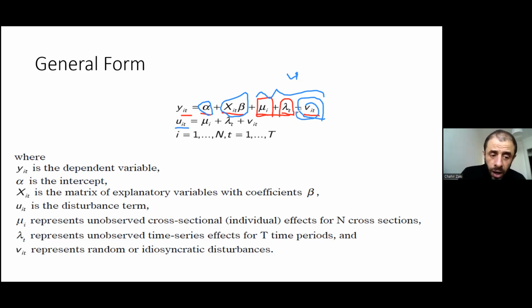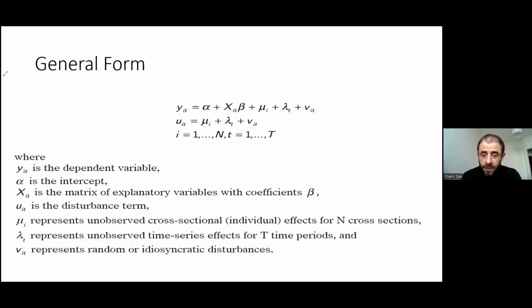So what does mu i represent? Here, the mu i represents the unobserved cross-sectional individual effect for n cross-sections, in the sense that it is as if I'm introducing a dummy variable for each individual. So let's imagine that we have in the sample Rashida, Aya, Evran, and Hassan.